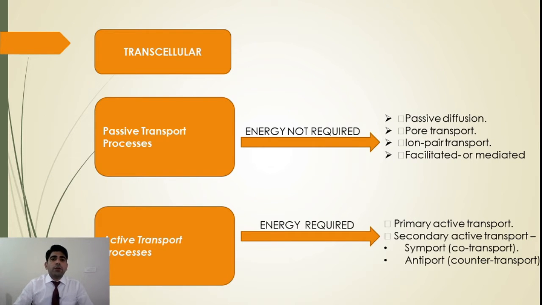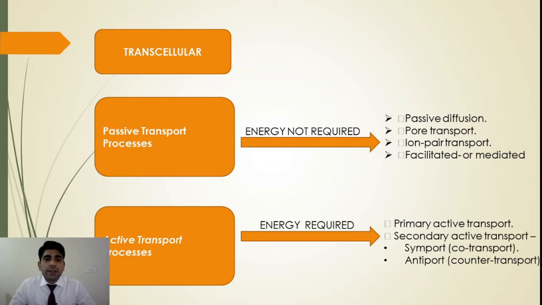So now we are coming to transcellular, that is the first one. It is divided into two types, as we have also studied in the previous slide. So now we are seeing that this classification is based upon the energy requirement. Got it? So transcellular again is of two types, passive transport and active transport, on the basis of energy requirement.